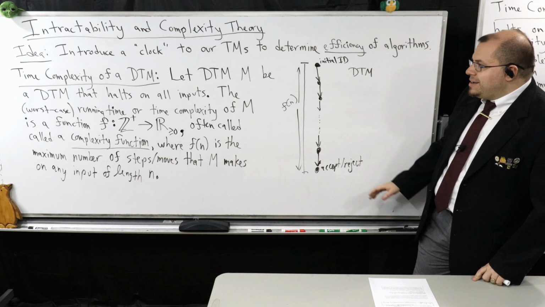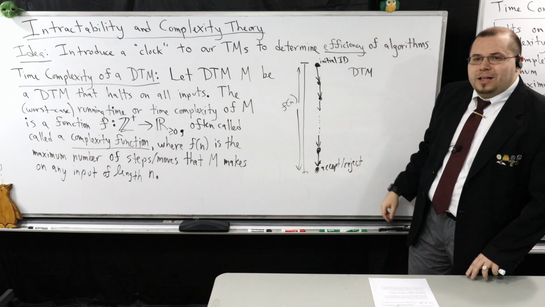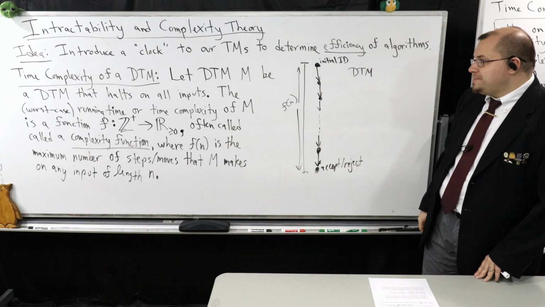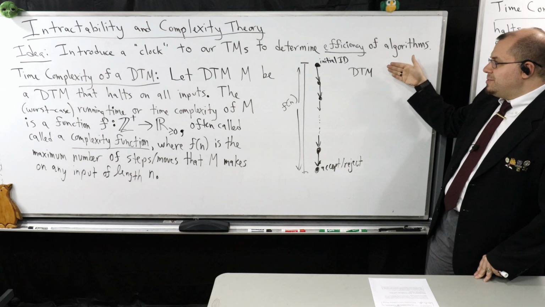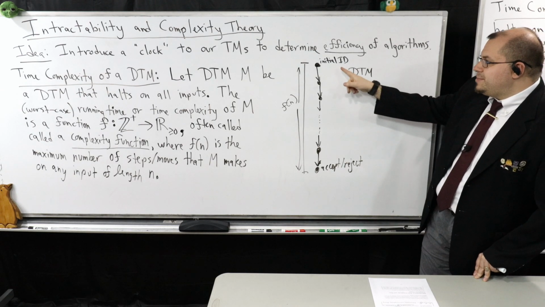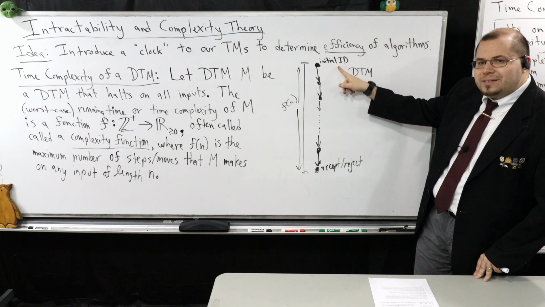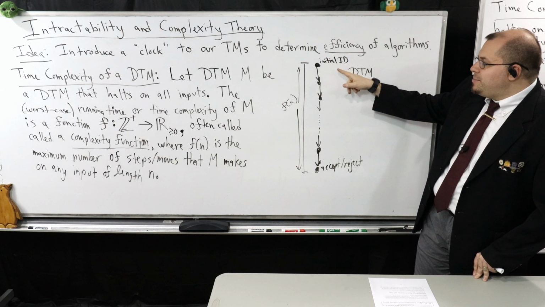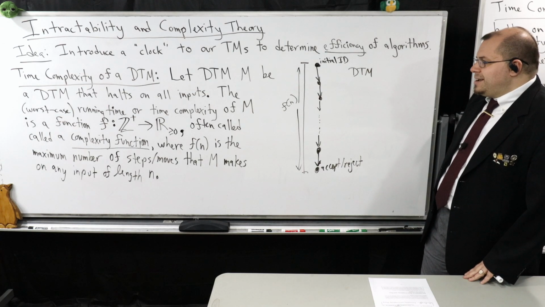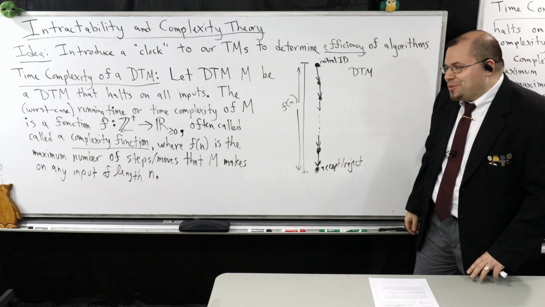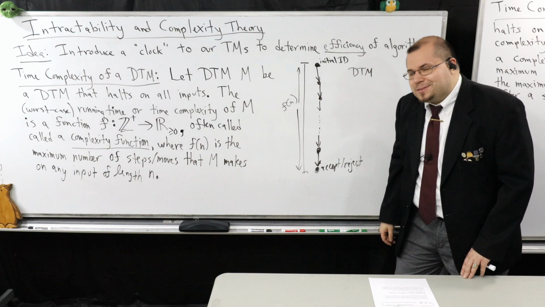So I'll give an example of us measuring the time complexity of a Turing machine in a little bit. But here's the idea. Imagine I give you a deterministic Turing machine. It starts off in some initial ID, instantaneous description, and it makes a sequence of moves. So what we're interested in is the maximum number of steps or moves that we can make.